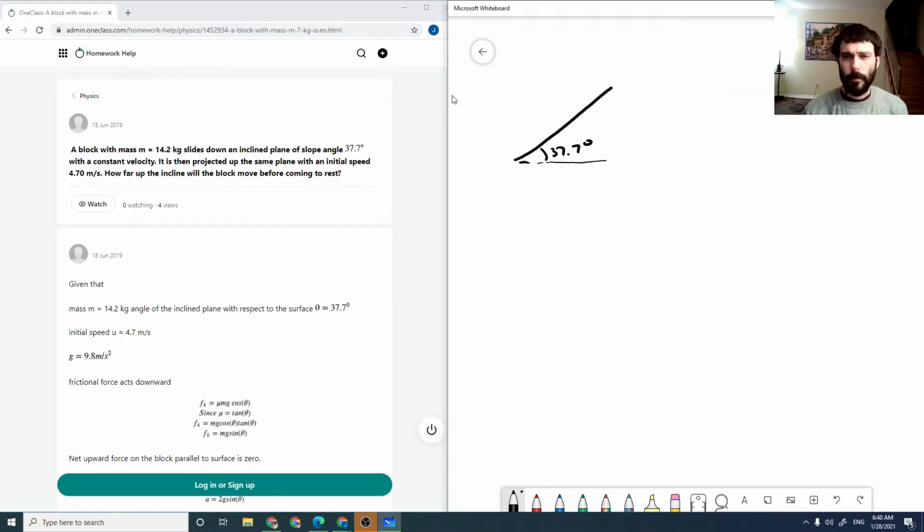I'm going to define my x and y axes as up the slope and away from the slope like that. And so now I've got a mass that slides down the plane with a constant velocity.